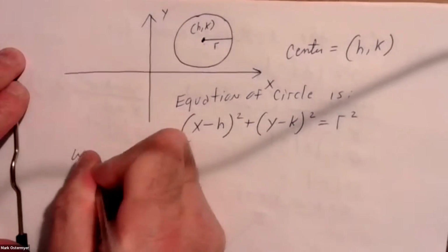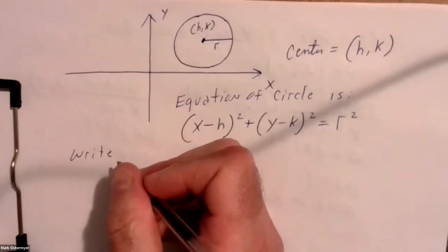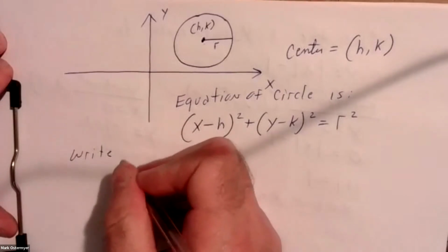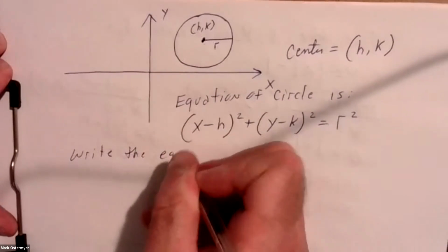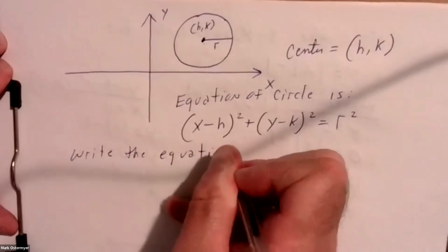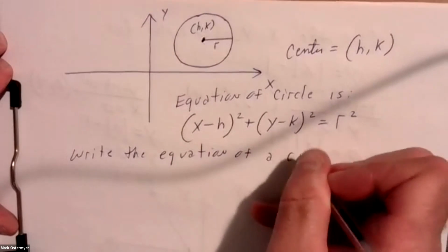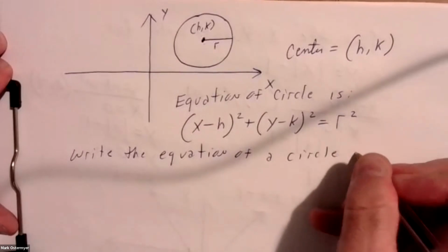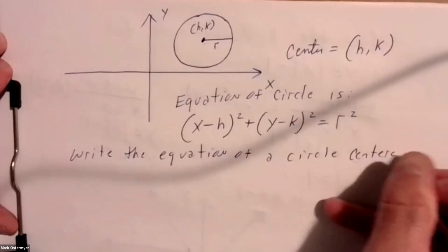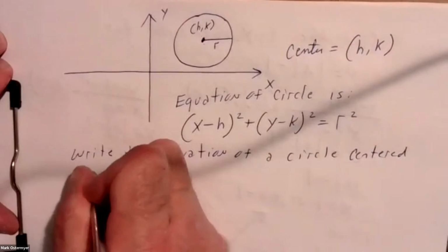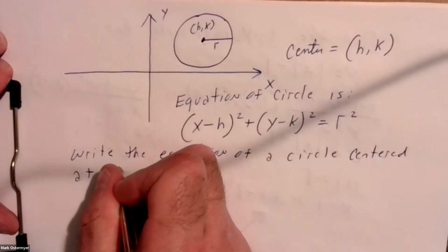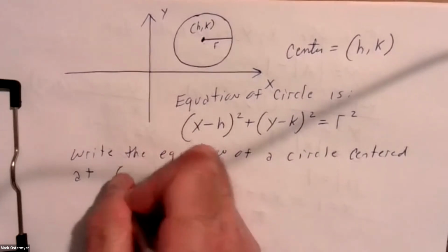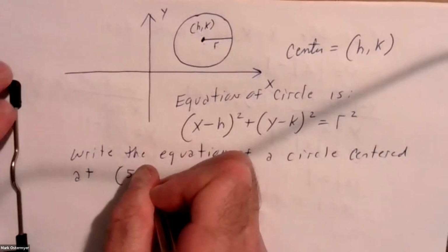Okay, so knowing that, suppose I have us do this one problem here. Write the equation of a circle centered at (5, -4).